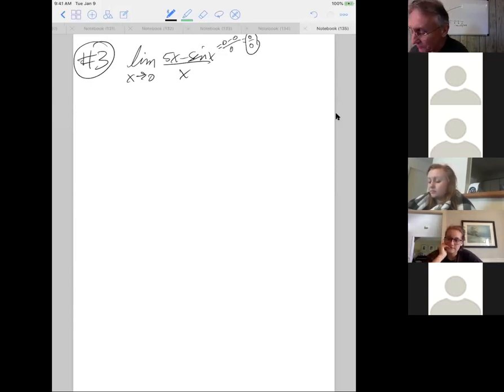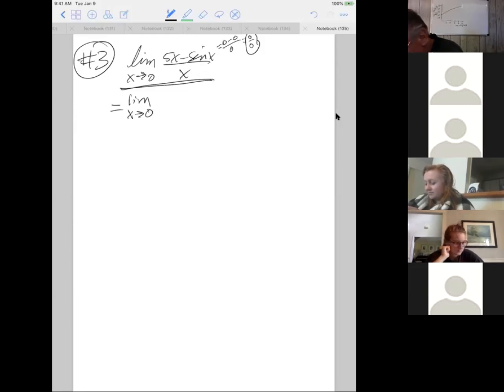That means I can use L'Hopital's rule, which says the limit of this function is equal to the limit of the same function with the derivative of the top over the derivative of the bottom. A couple of you used notation that was the derivative of the whole thing, which would require the quotient rule. That's not correct.